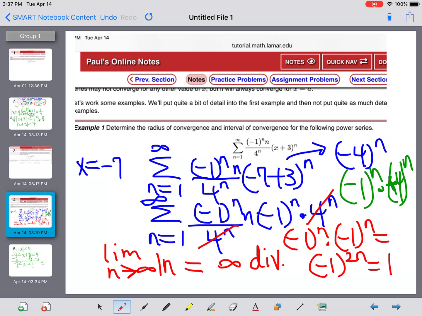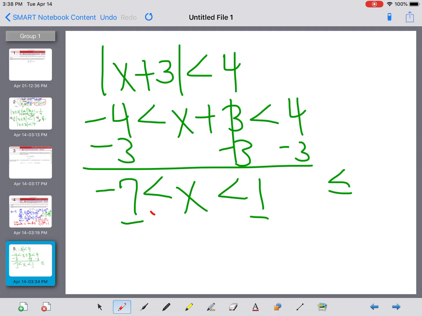So when you plug in infinity for n, we still get infinity. So that means, according to the nth term test, the series diverges when x is -7. So that means our less than symbol for -7 stays the same.